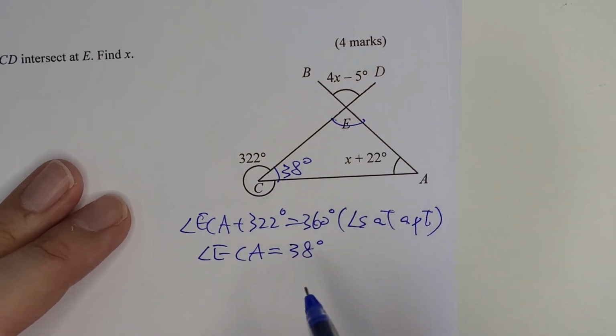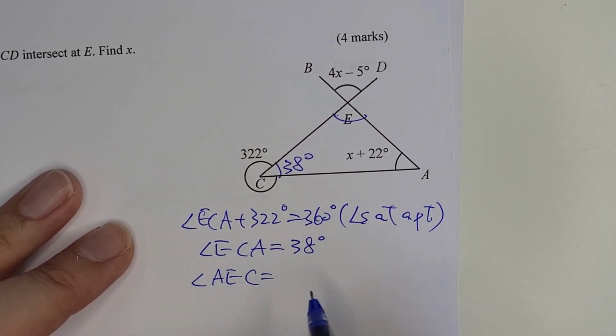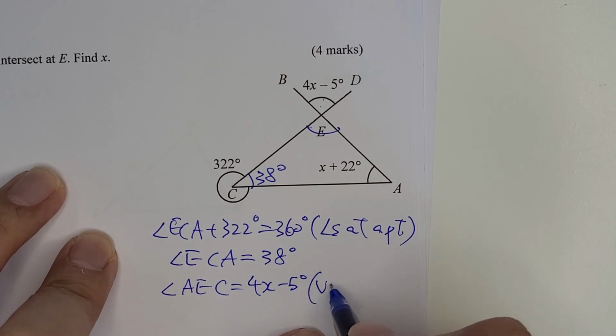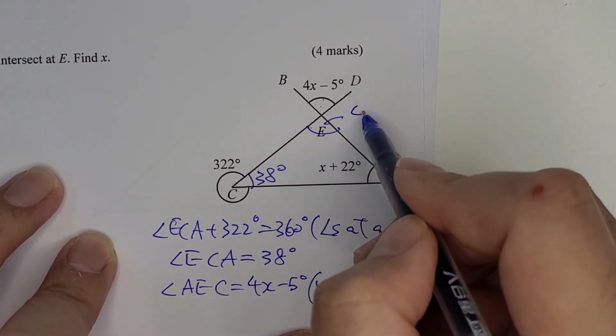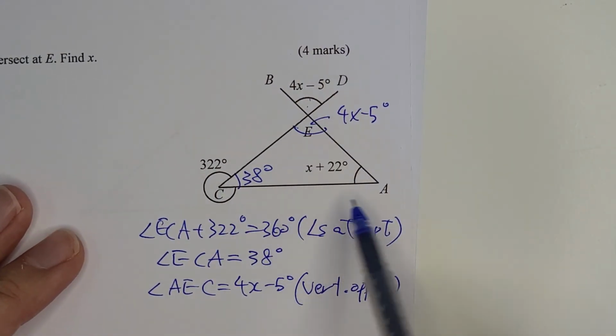Second, you can find this one, angle AEC. Angle AEC also equals 4x minus 5 degrees, okay? Why? Because of vertically opposite angles. You write down 4x minus 5 degrees here. So look at this big triangle.